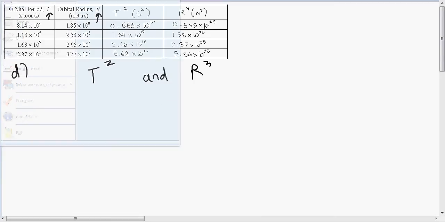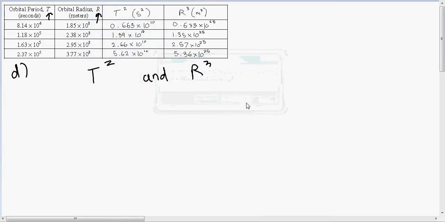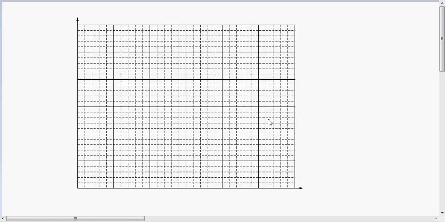For part E, it tells us to graph all these quantities on a graph, label the axes with the variables used and appropriate numbers to indicate the scale. So our y values are time squared, which should be in units of seconds squared, times 10 to the 10th, because that's the power our second values are to.